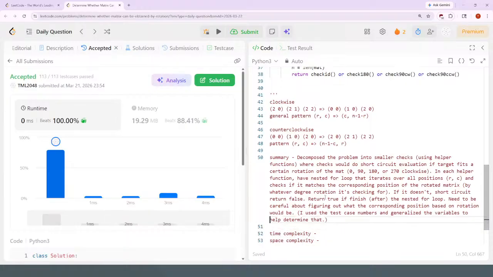Okay, and then call the helper functions in your main with appropriate OR logic.